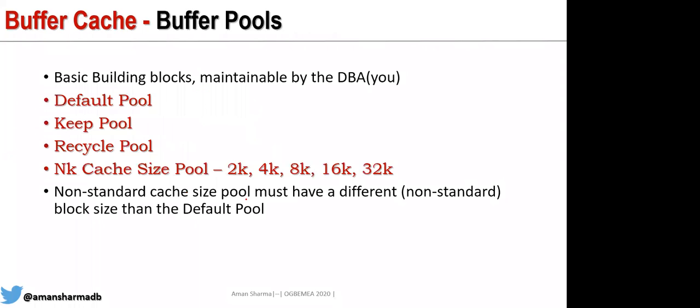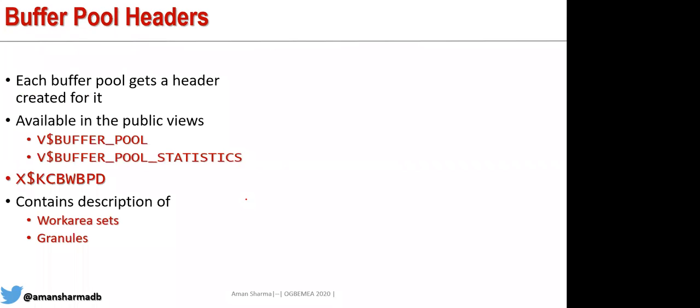Each buffer cache structure is maintained in the form of pools, which we already covered. These pools are basically where the entire buffer cache is organized. Each buffer pool is going to get a header, and these header descriptions are in this particular structure.